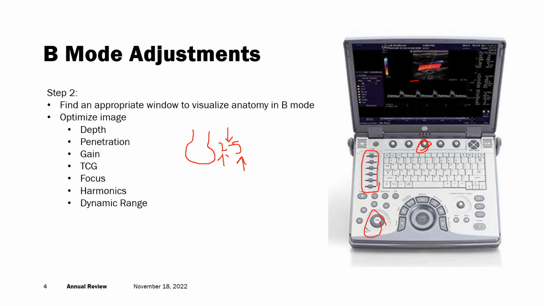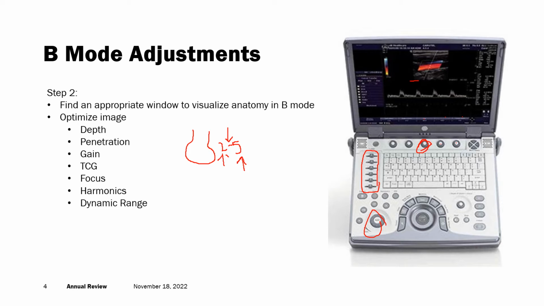It will correct your TGC, set a gain that is most commonly appealing to most people's eyes, things like that. But not all of your equipment, especially the point of care, more basic units, will have that. So it's important that you get comfortable making the adjustments in case you don't get those extra things.